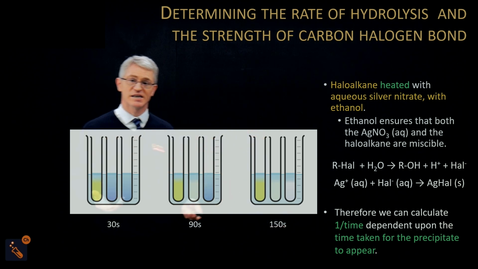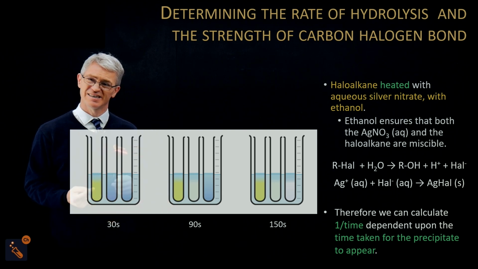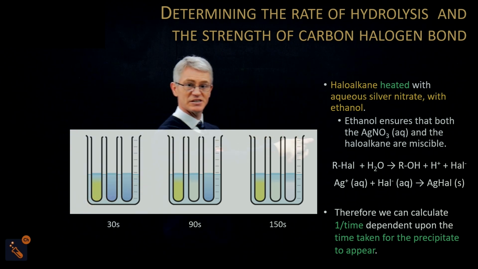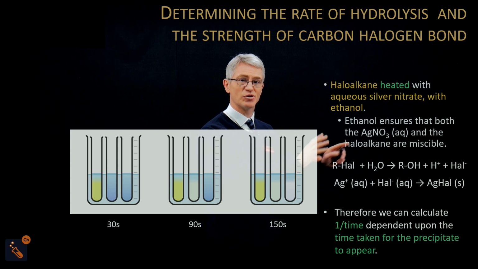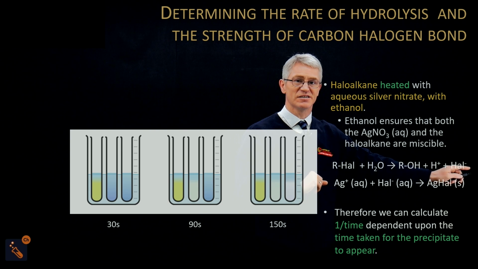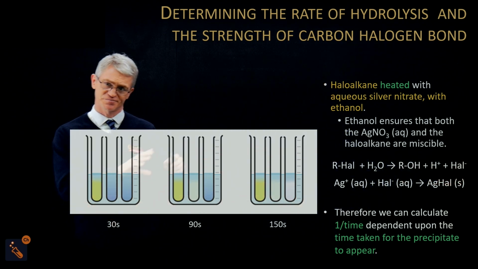Now it took different lengths of time for them to happen. So it didn't take very long for the silver iodide to form. That must mean the bond between the iodide and the alkane must have broken quite easily. That freed up the iodide here, which then reacted with the silver, and then you got this lovely precipitate.